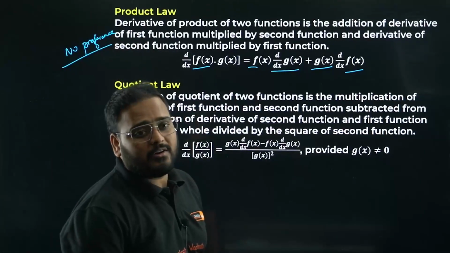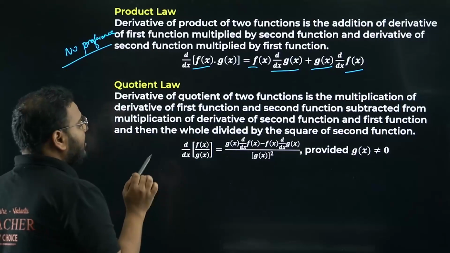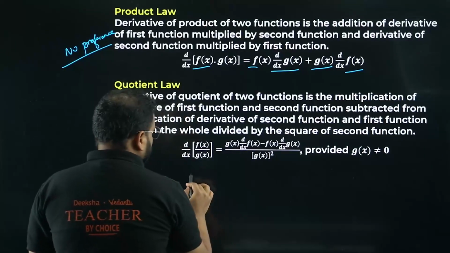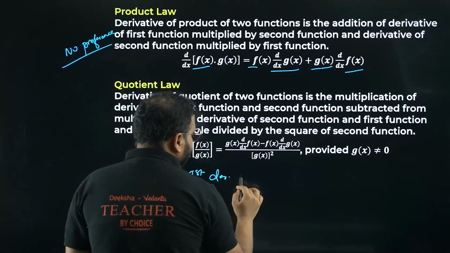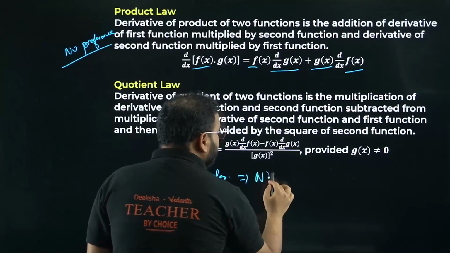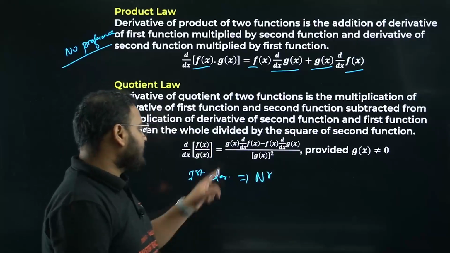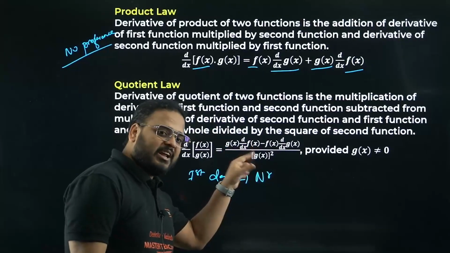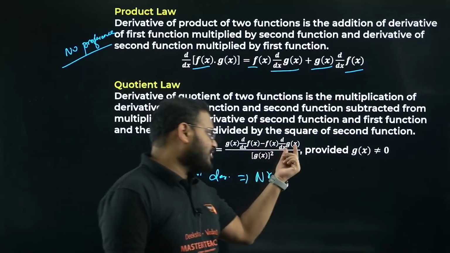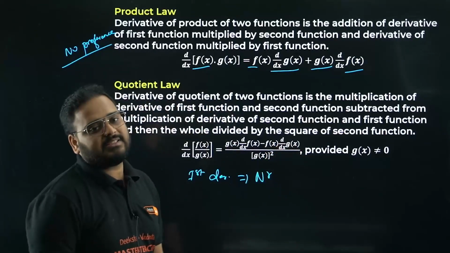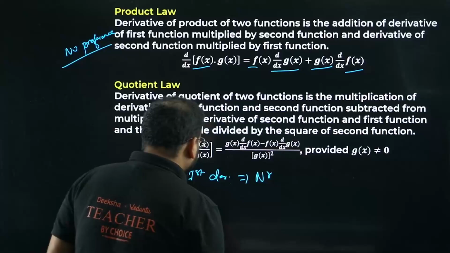But in the case of the quotient law, what you have to do, remember, first derivative has to be done for the numerator. Okay, so you're gonna keep g(x) as it is and differentiate f(x), and then next you're gonna differentiate g(x) and keep f(x) as it is. Okay, I hope this is visible. If not, I can write it over here.